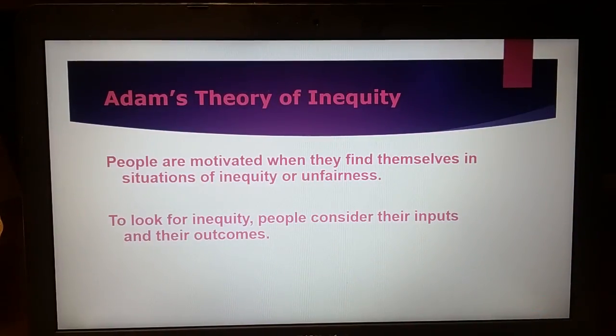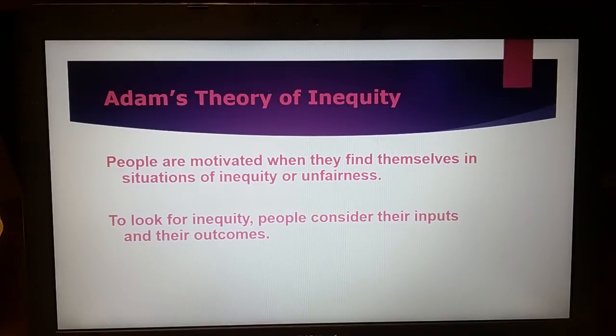Okay, this whole idea of inequity. People are motivated when they find themselves in a situation of inequity or unfairness. People look at their inputs: do their inputs equal their outputs? So you start a job and you say, I've got this degree, I've been working here for 10 years and I get X salary and X vacation days, but now this new person has come in, and they might not have the same degree and have less experience, but they're making more money.